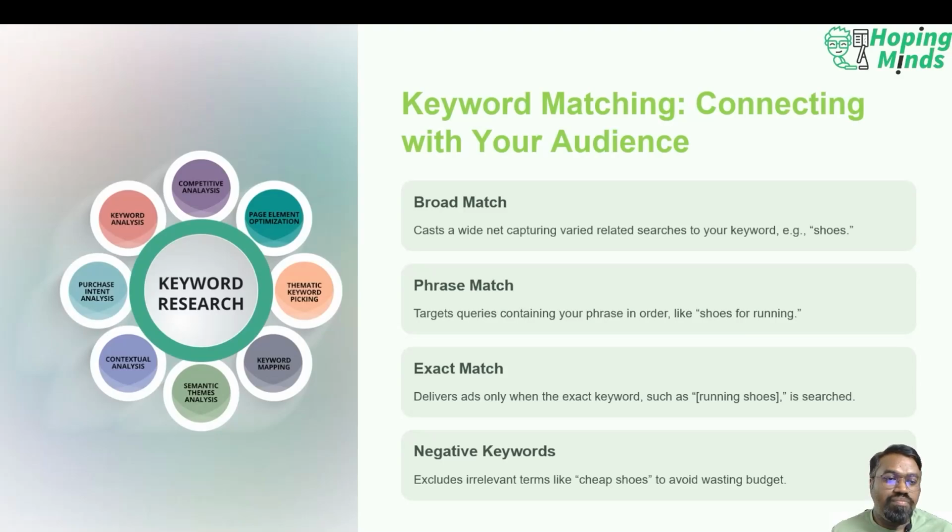If I have not put in any negative keywords like cheap shoes, then if someone is looking for cheap shoes, they would also come up on Google and start seeing your link, and then they will click on that link, and after clicking they will understand that this is not a cheap shoe, this is an expensive shoe.